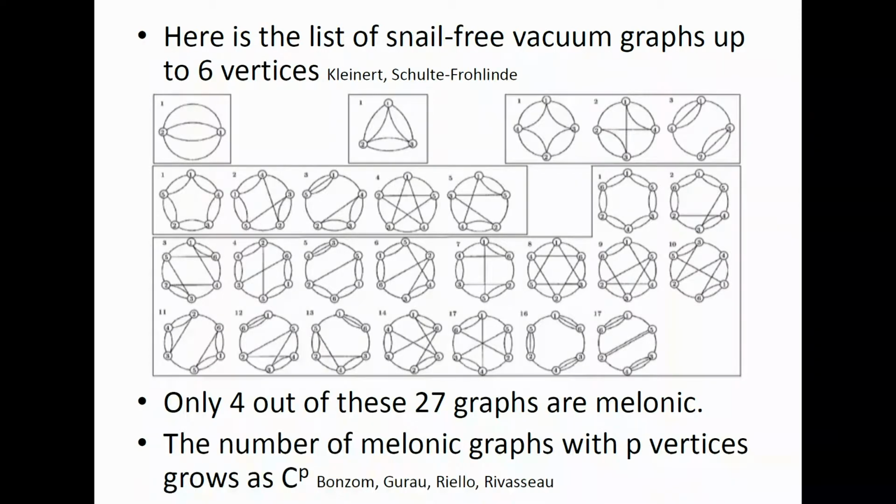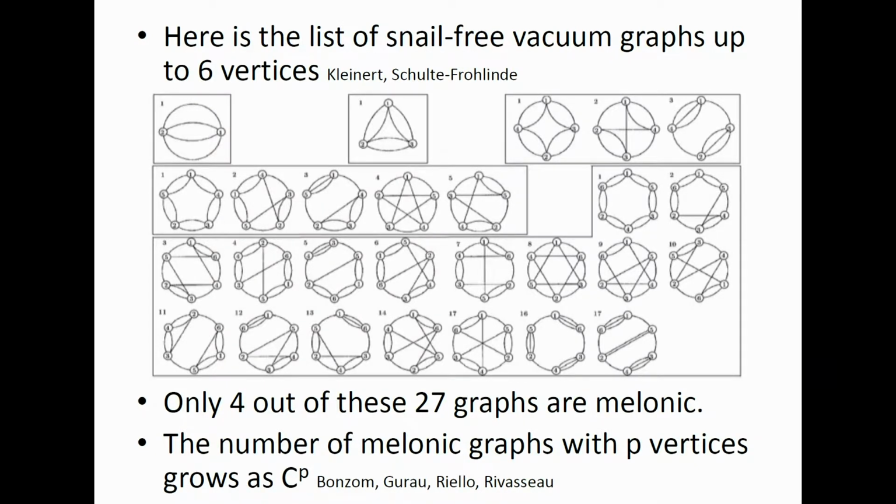And that's the secret for solvability of this theory. The number of melonic graphs with p vertices can be shown to grow only as some constant to the pth power, as opposed to the factorial growth that we have for the total number of graphs. So it's a very clever limit, but it's also very, very restrictive, right? It's still remarkable that such a limit exists, okay?